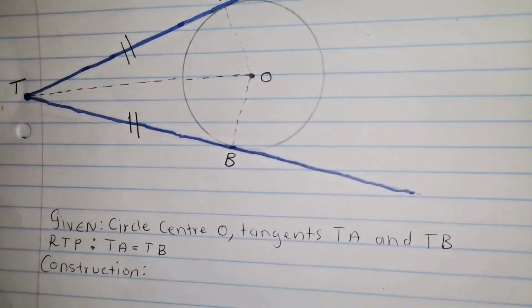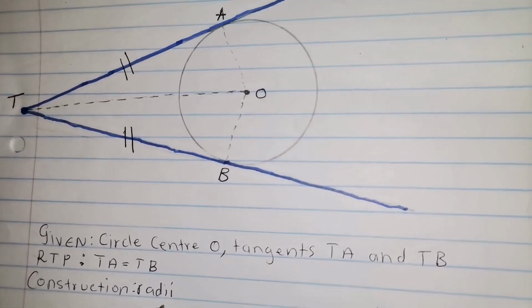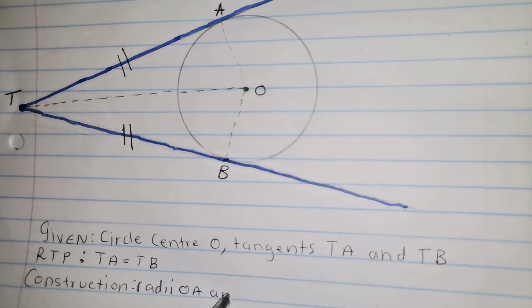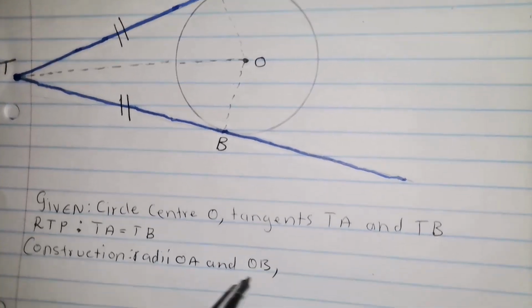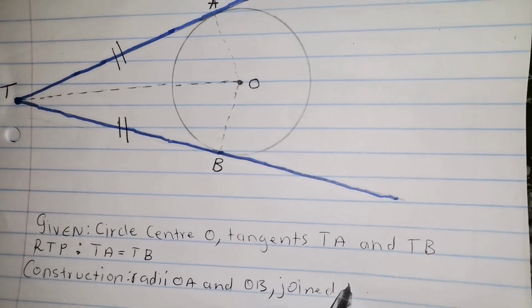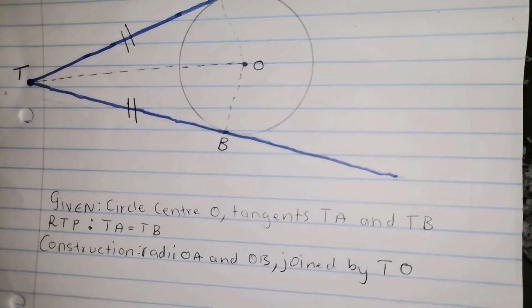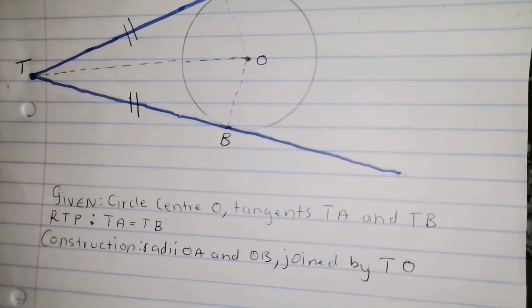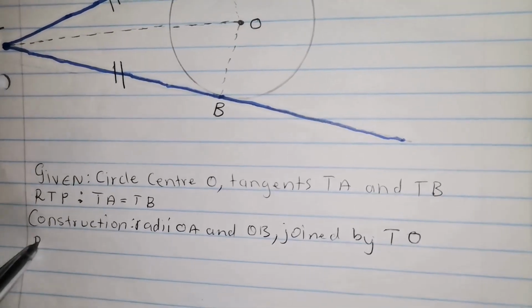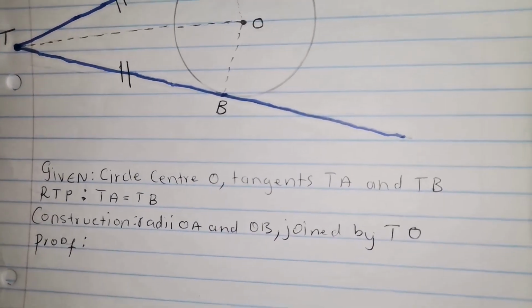Now I'm gonna write, okay, radii OA and OB together, joined by TO, basically at point O. Now let us prove. Guys, what do you prove basically here?